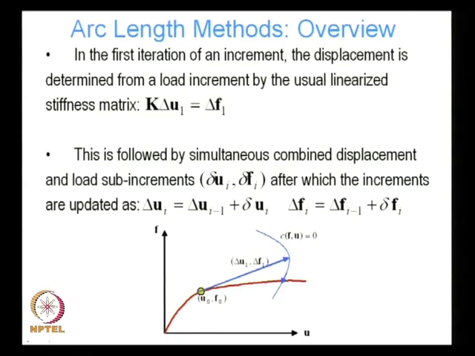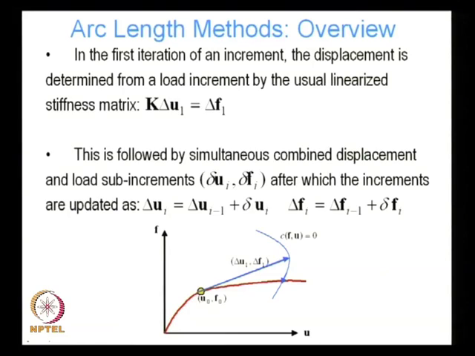These concepts are common to lots of numerical methods. Basically, I take an initial predictor and then I take a corrector to reach the red line, which is my desired solution, but my correctors are constrained. Why are they constrained?